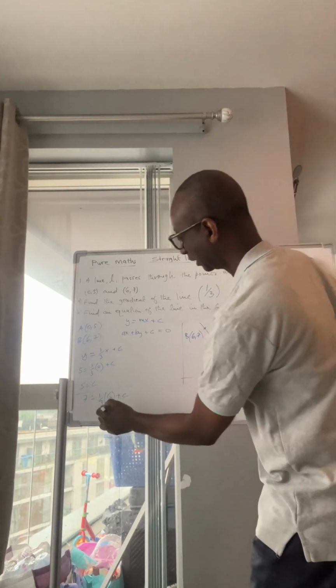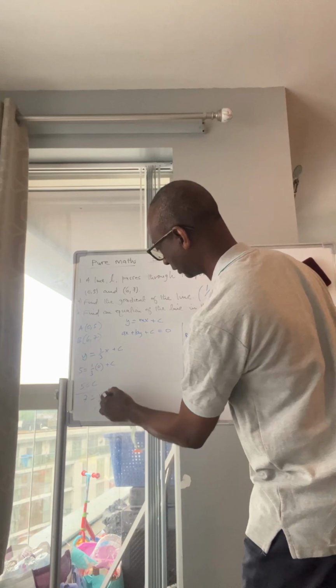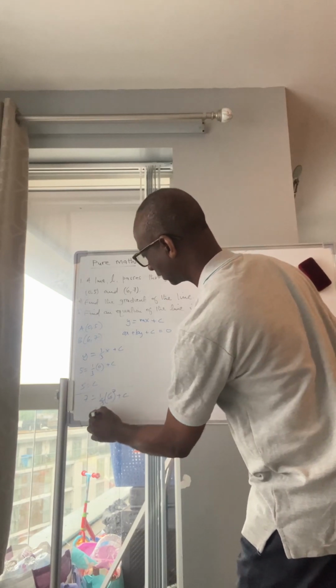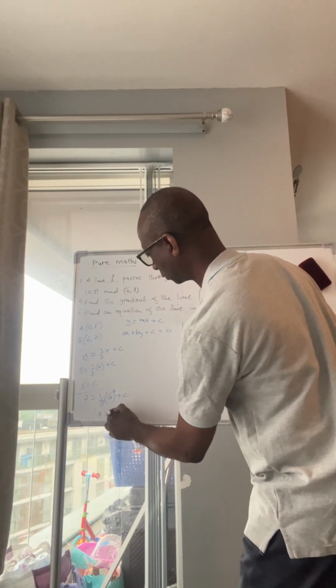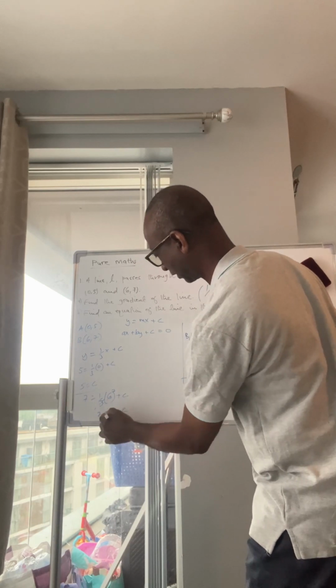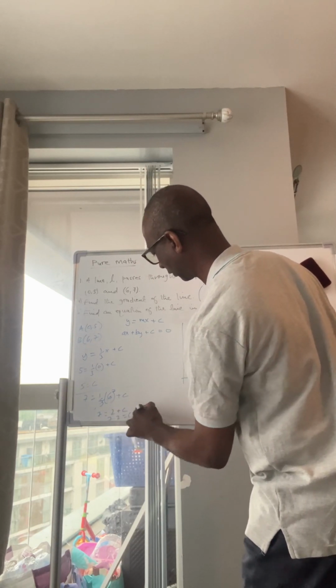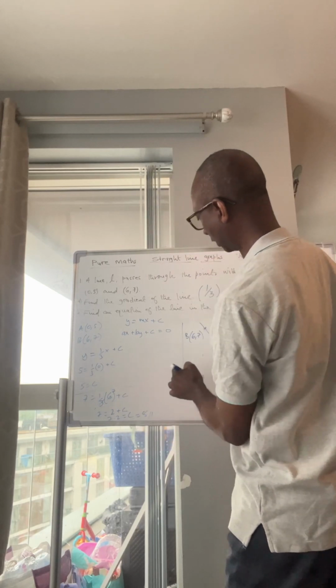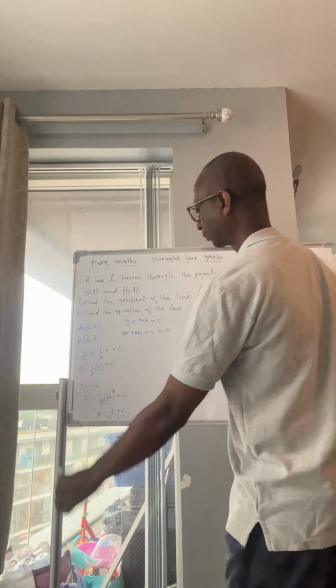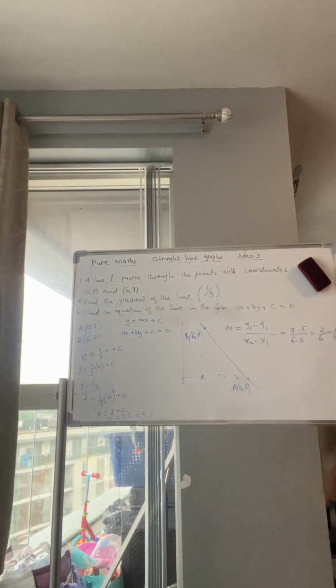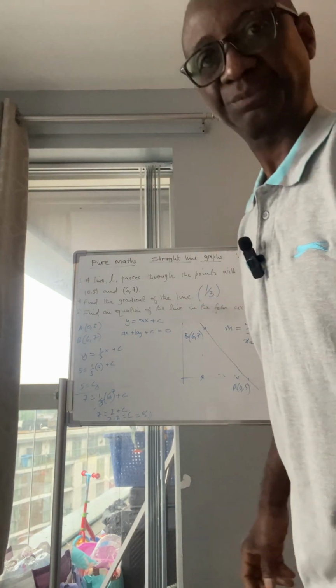So this one, this is 2. So you now have 7 equals 2 plus c. Therefore, c equals 7 minus 2, c equals 5. So you get 5 here, you get 5 here. Yeah? So we now know the value of c is 5.